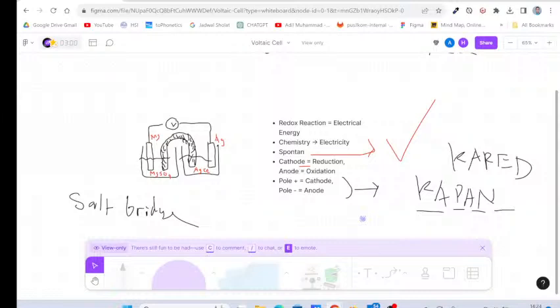So voltage. An example, right? Can you see my cursor? Yes, I can see your cursor. The blue one means it's the benchmark of voltage, like the hydrogen cell reaction.